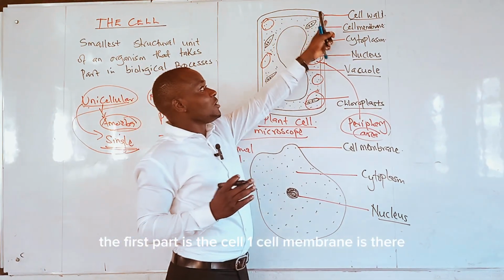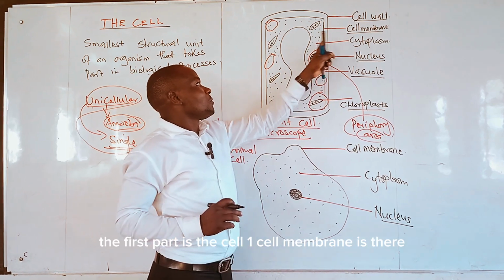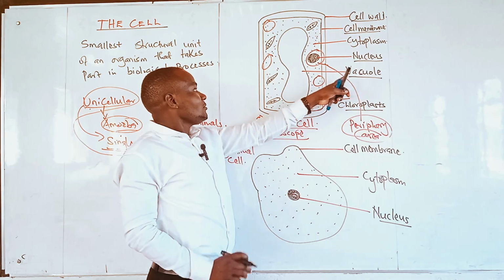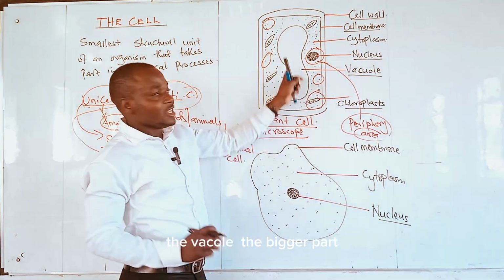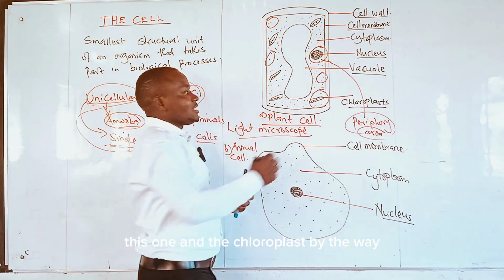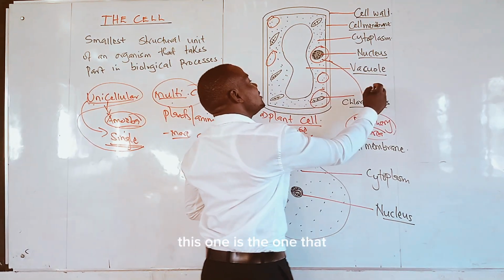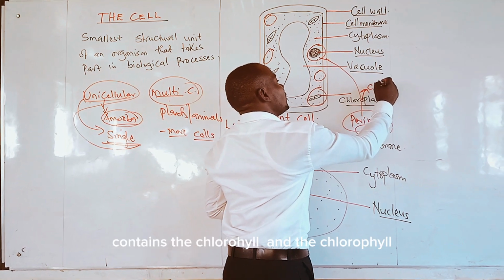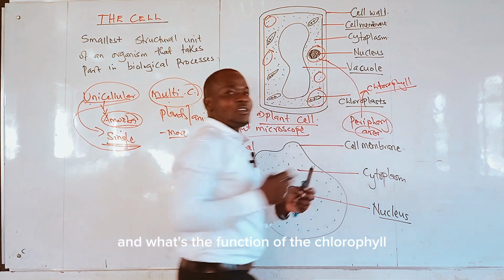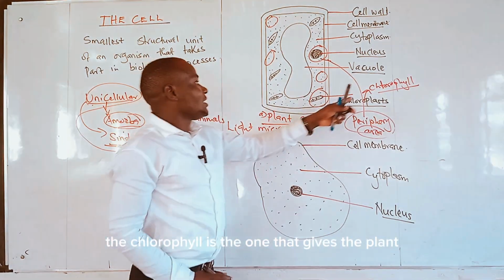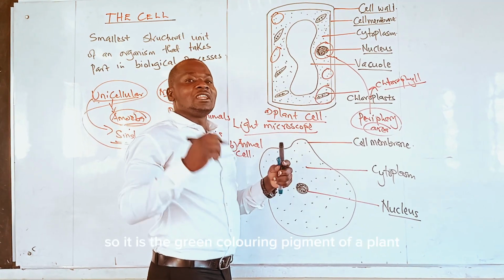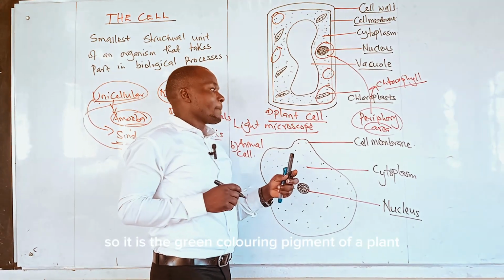The first part is the cell wall, then the cell membrane, cytoplasm, then the nucleus at the periphery area, the vacuole as the bigger part, and then the chloroplast. The chloroplast is the one that contains chlorophyll. And what is the function of chlorophyll? The chlorophyll gives the green plant its color. It is the green coloring pigment of a plant.